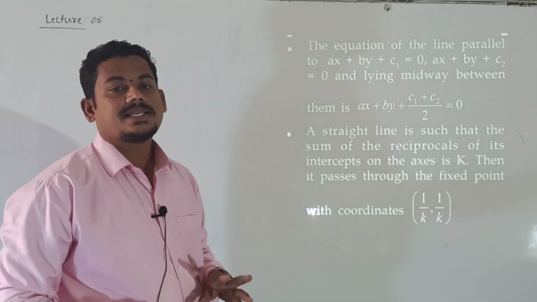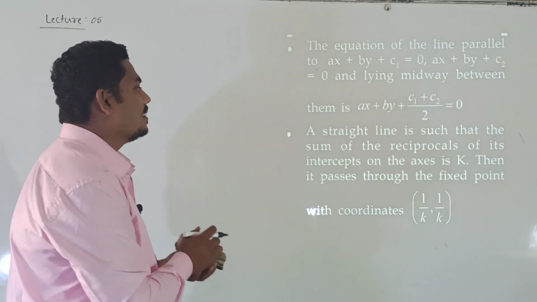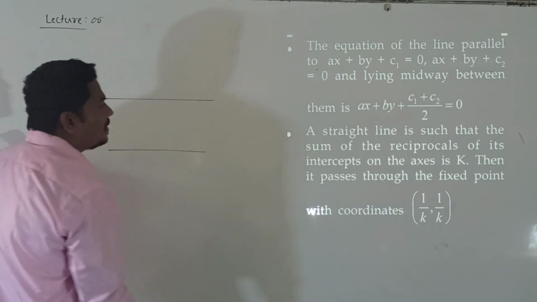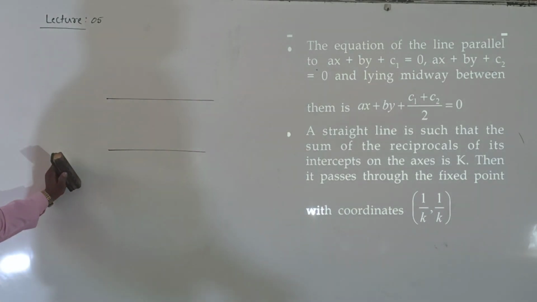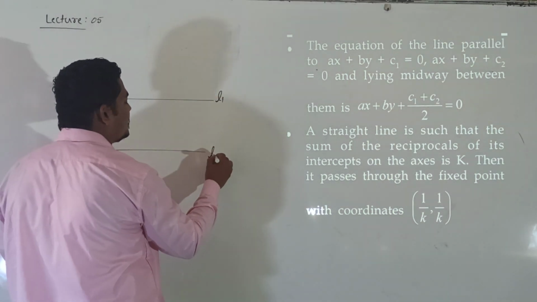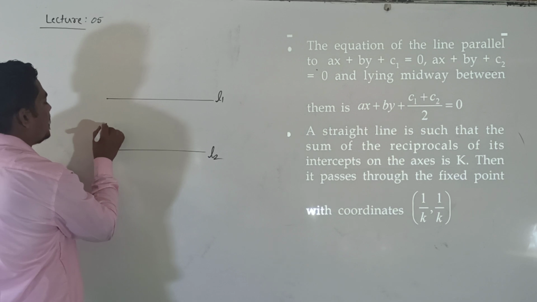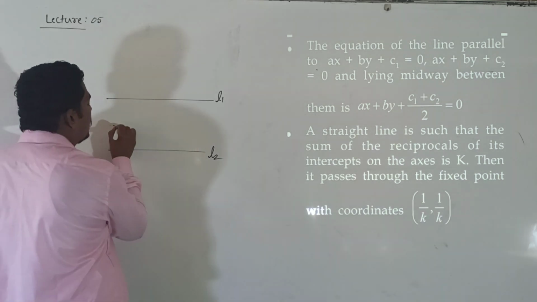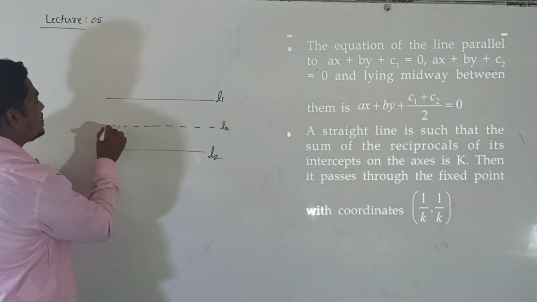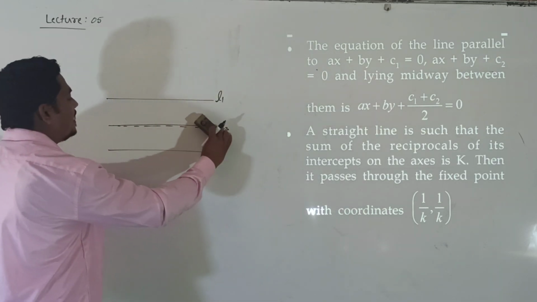It means the equation of the line which is parallel to the given two lines and lies midway between the given two lines. Suppose here line 1 is there, it is line 2, and one more line, line 3, is midway between the given two lines. This is our required line, right?